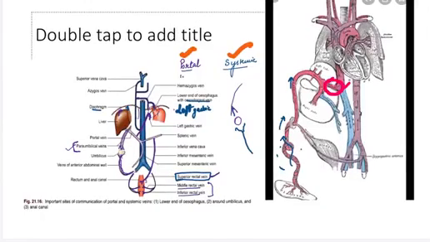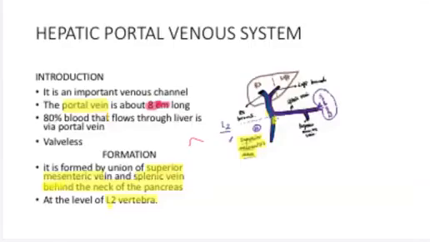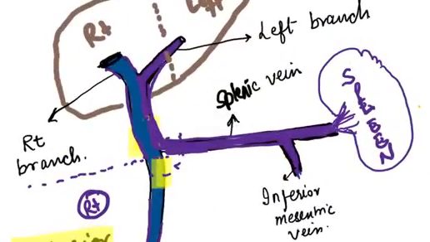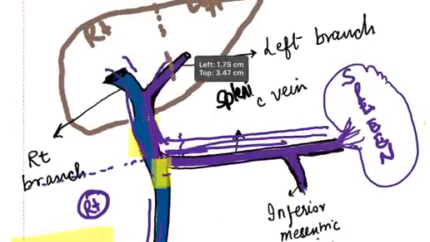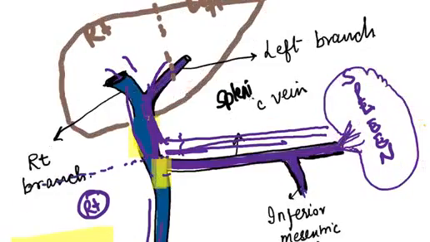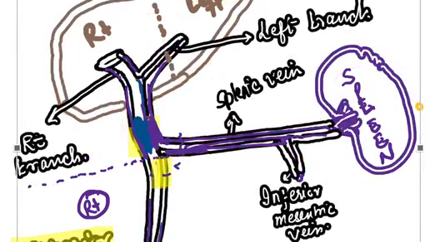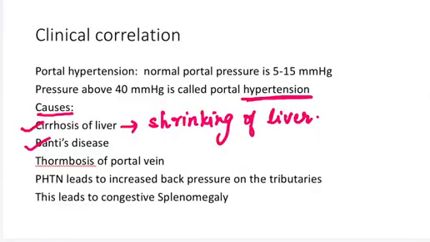I think there should be no confusion about it, because this increased back pressure over the portal vein will give rise to increased pressure in the tributaries of the portal vein as well.